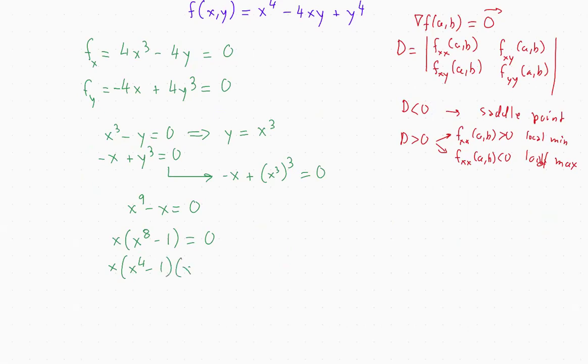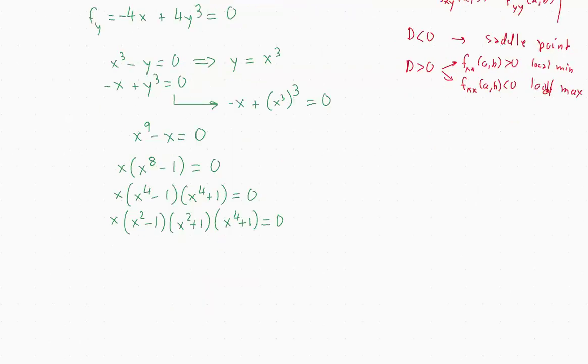After all, x to the 8th is x to the 4th squared. And this can be written as x squared minus 1 times x squared plus 1 times x to the 4th plus 1 equals 0. And finally, we will get x times x minus 1 times x plus 1 times x squared plus 1 times x to the 4th plus 1 is equal to 0.